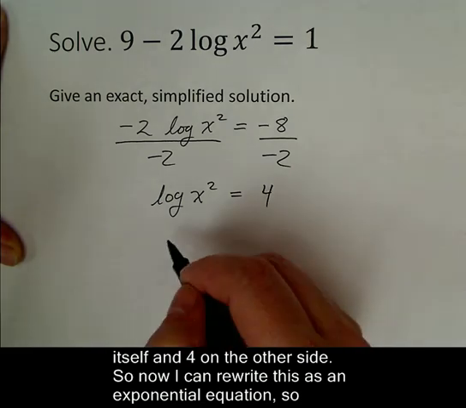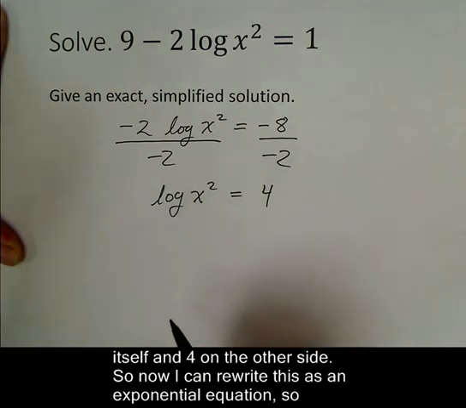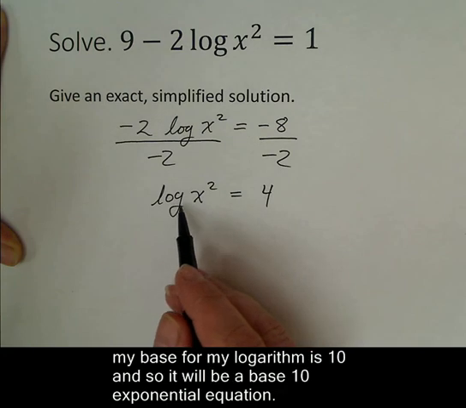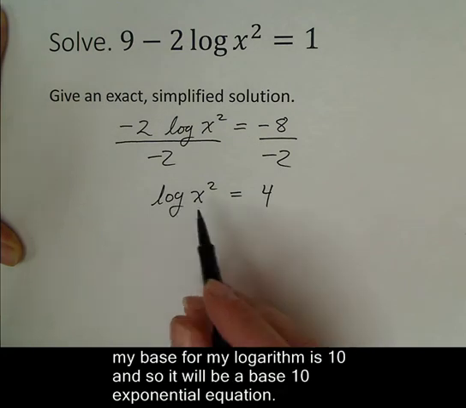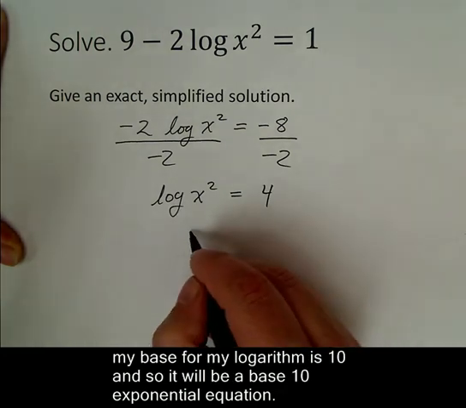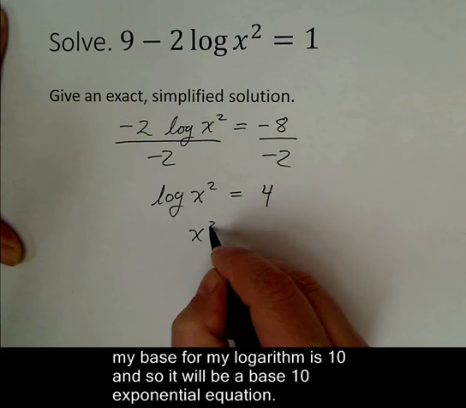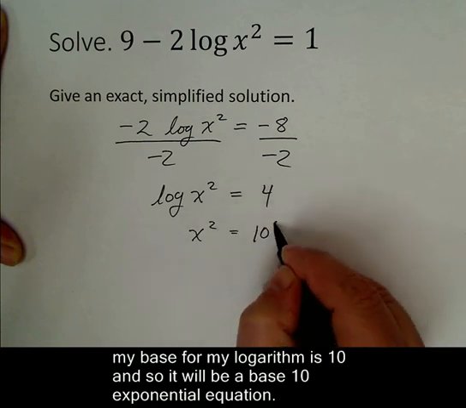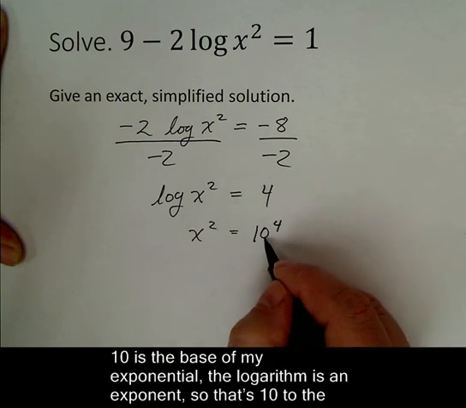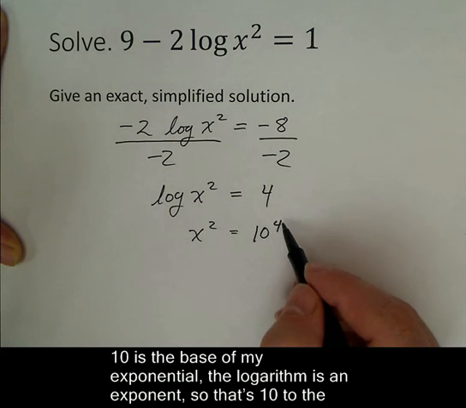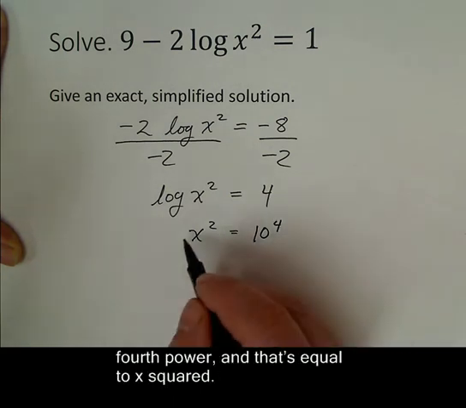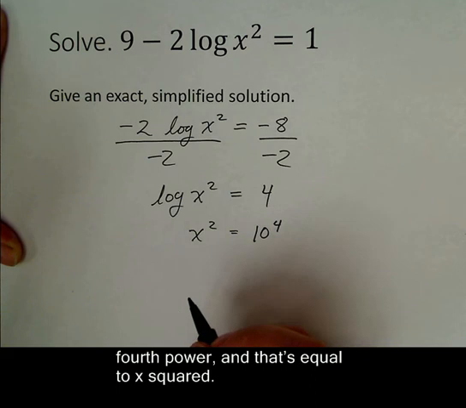So now I can rewrite this as an exponential equation. So my base for my logarithm is 10, and so it will be a base 10 exponential equation. 10 is the base of my exponential. The logarithm is an exponent, so that's 10 to the 4th power, and that's equal to x squared.